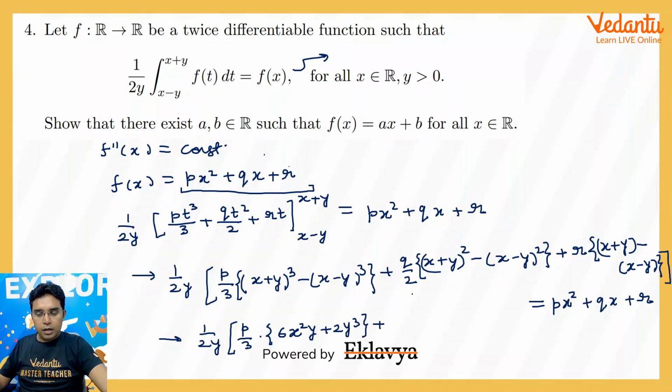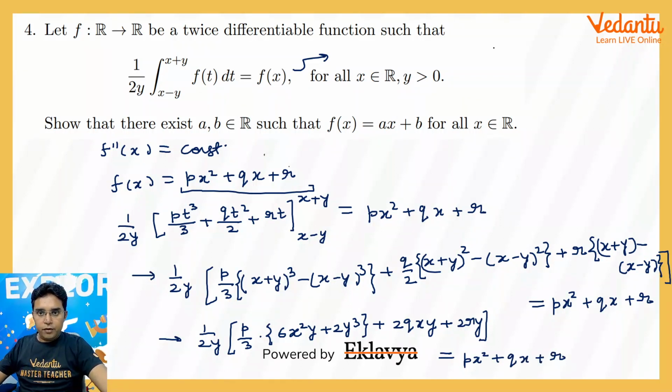Then for this q by 2 into this, the x square plus y square term will get cancelled. This will be 4xy, so I can write this as 2q into xy, and here it is just 2ry, and this we need to be equal to p x square plus q x plus r.